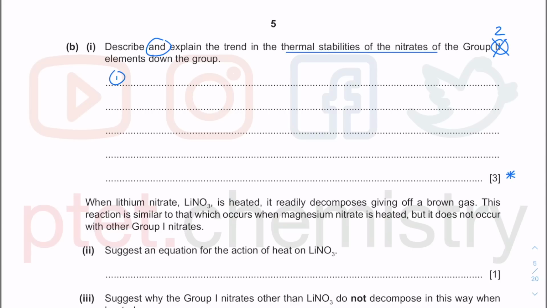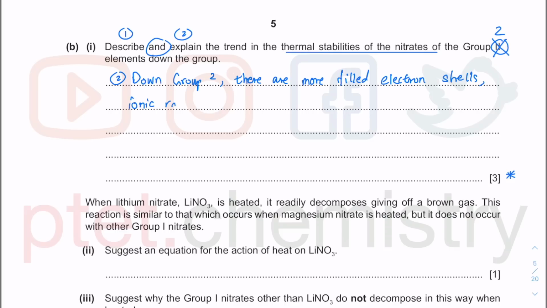First of all, I'll explain first because it's a lot easier. Down group 2, there are more filled electron shells. As a result, we get a bigger ionic radius.